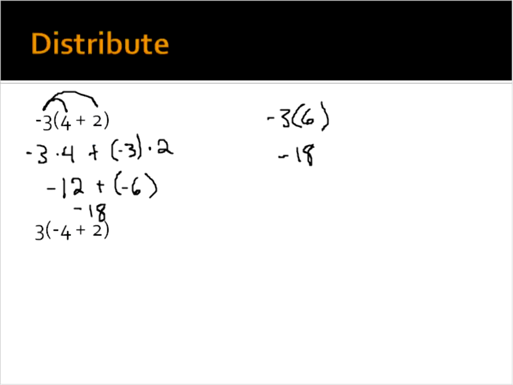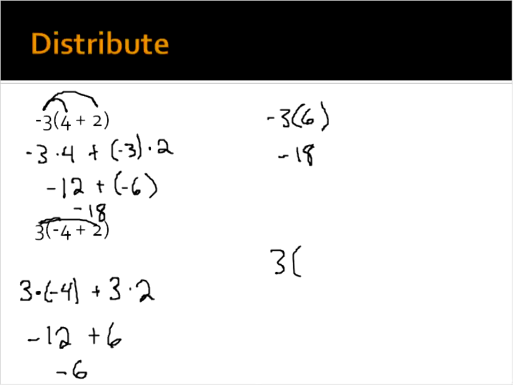So here we have this. We're going to distribute a positive 3 to each term inside the parentheses. 3 times -4 plus 3 times 2. So that will give us -12 plus 6, and that will give us a result of -6. And if we were to do that this way, we'd have 3 times (-4 plus 2), which is -2, and that's -6.